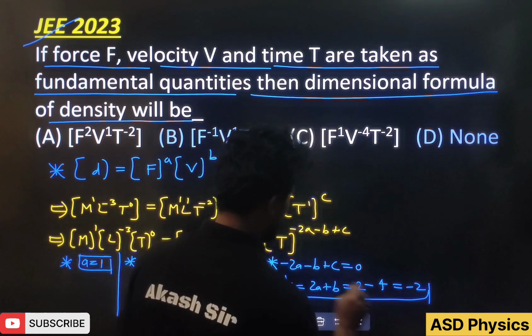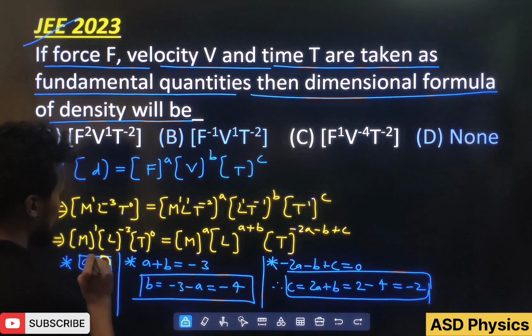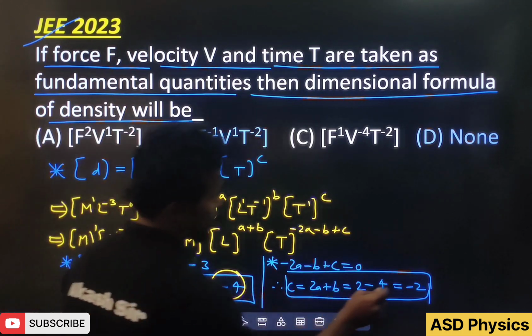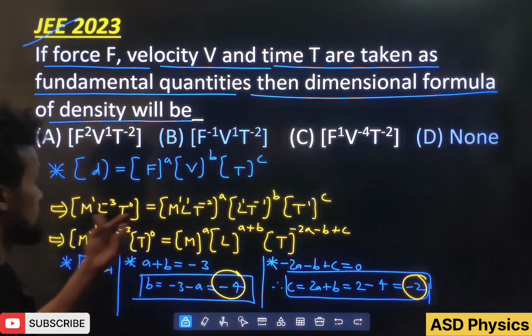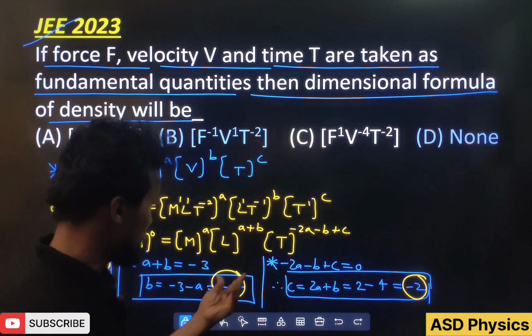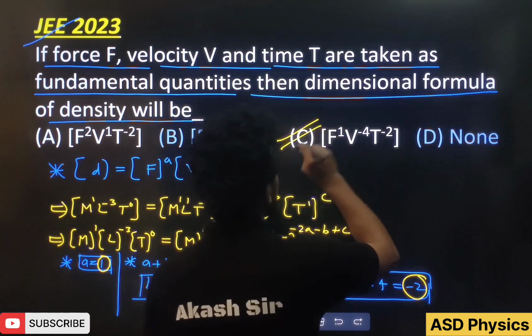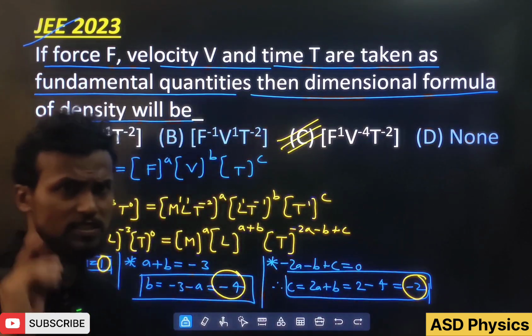This is the value of C. Now you can guess the options very well. A power 1, B power minus 4, C power minus 2. So F power 1, V power minus 4, T power minus 2. That means the correct option is option C, very easily.